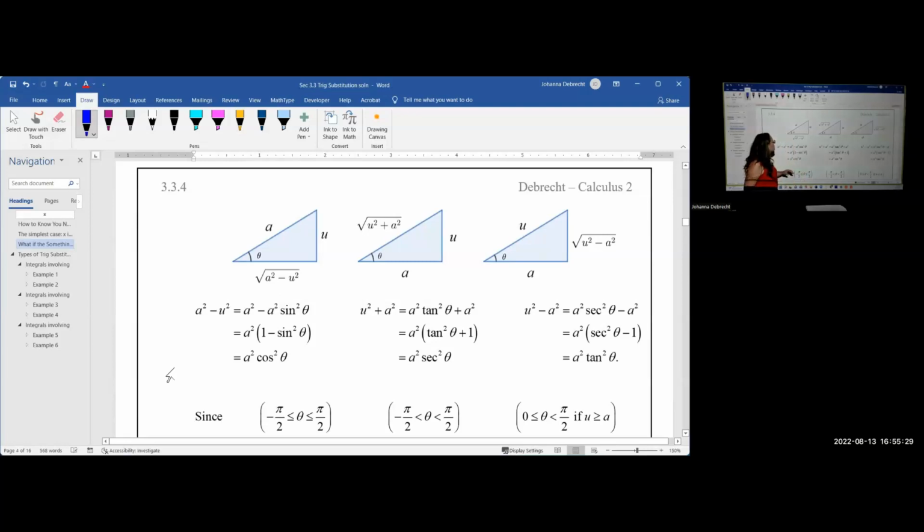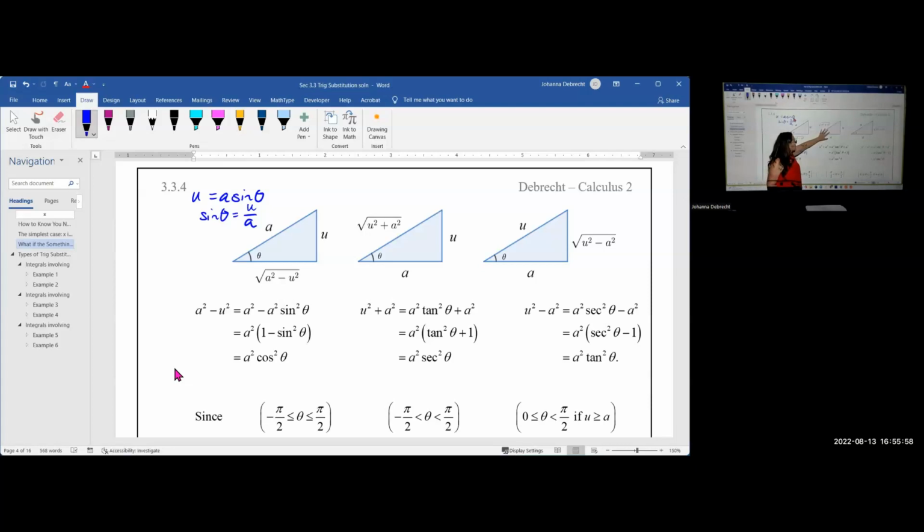When you come down here and look at the triangles, you're going to have these different relationships going on here. On this first one, you have x equals a sine of theta, which means that sine of theta is equal to x over a. And when you look at the triangle, and again, this shouldn't be x, this should be u, since we're using u now. And so I get u over a, and that's what you see in the triangle right here.